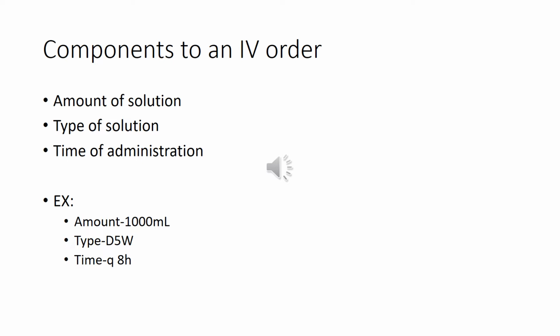Now, IV fluids and medications are administered by continuous and intermittent infusion. Continuous IV infusions replace or maintain fluids and electrolytes, and the flow continuously runs until it's changed. So that's where you walk in and you have the IV bag running and you look at the machine and it says maybe 75 cc's per hour.